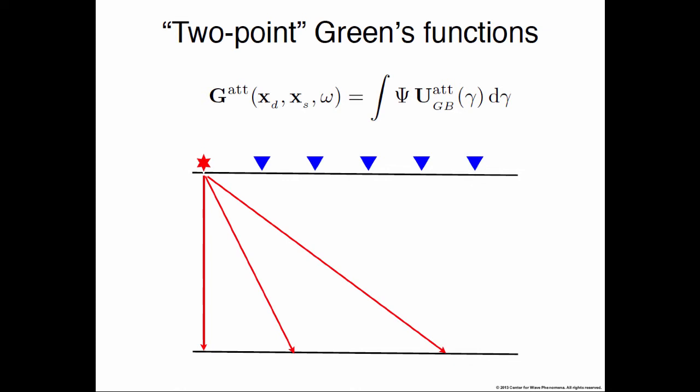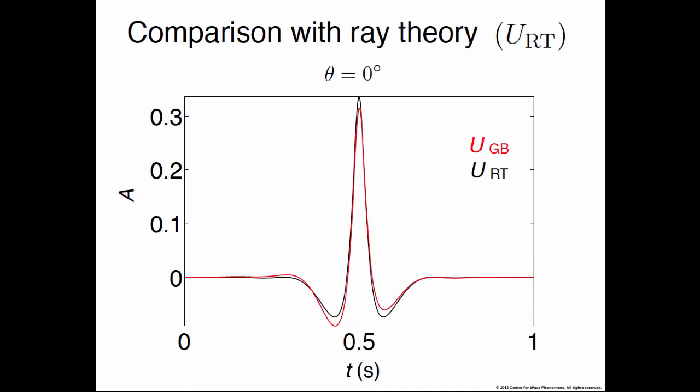And for this simple model, I know where the rays are going. There's no multipathing, so I can easily compare the Green's function obtained from GB summation with those obtained from perturbation ray theory. And that's the comparison I'm going to show you now.